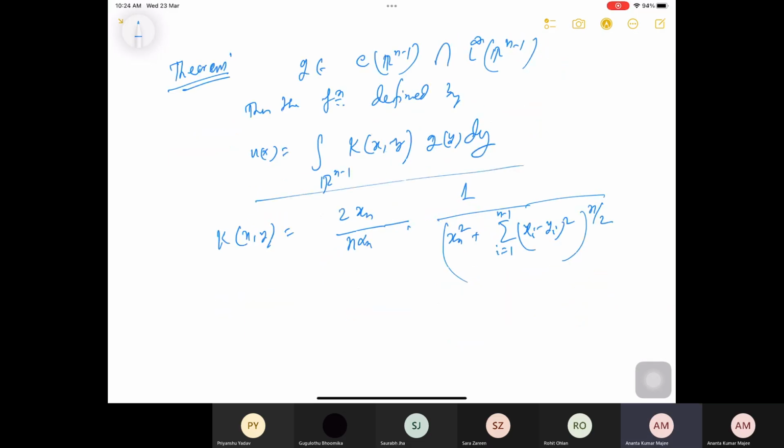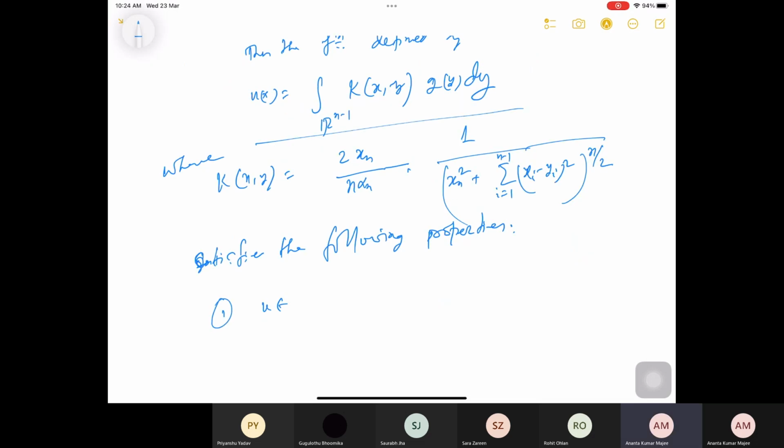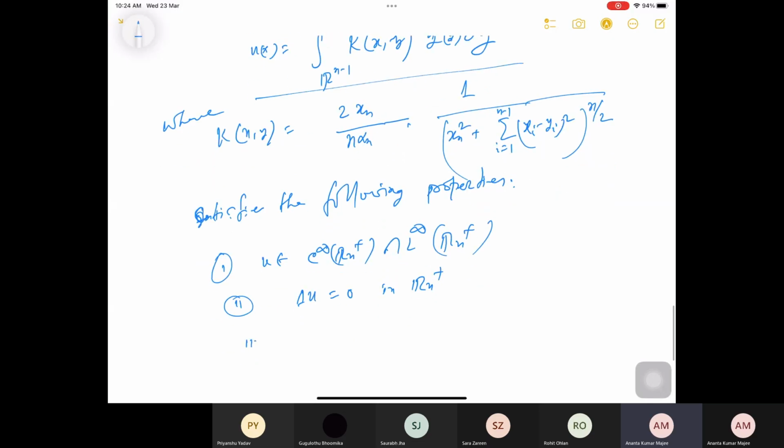This is my K. Then this u satisfies the following properties. First, u is in C∞ of R^n_+ intersection L∞ of R^n_+, and second, Laplace u is equal to 0 in R^n_+, and third, the limit as x goes to y, with x in R^n_+, of u(x) is equal to g(y) for each point y in ∂R^n_+.